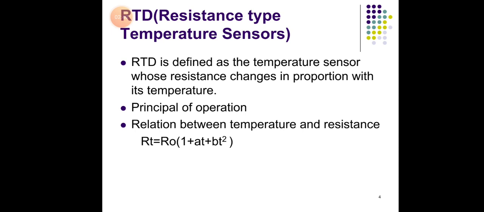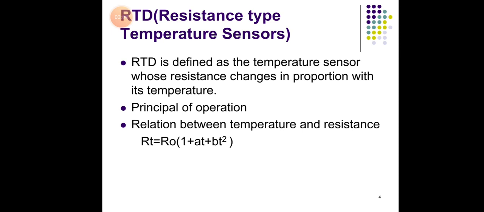In the RTD, the resistance of metals increases with increase in temperature. Therefore, metals have a positive temperature coefficient. PTC means positive temperature coefficient. In the positive temperature coefficient, their resistance increases with increase in temperature.